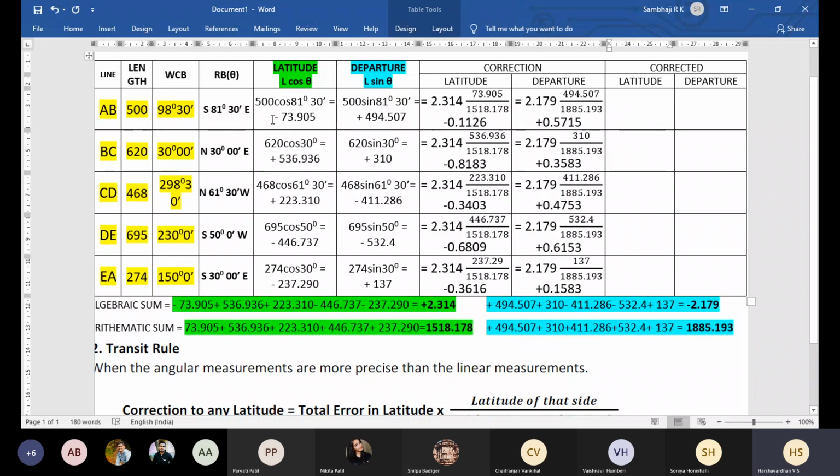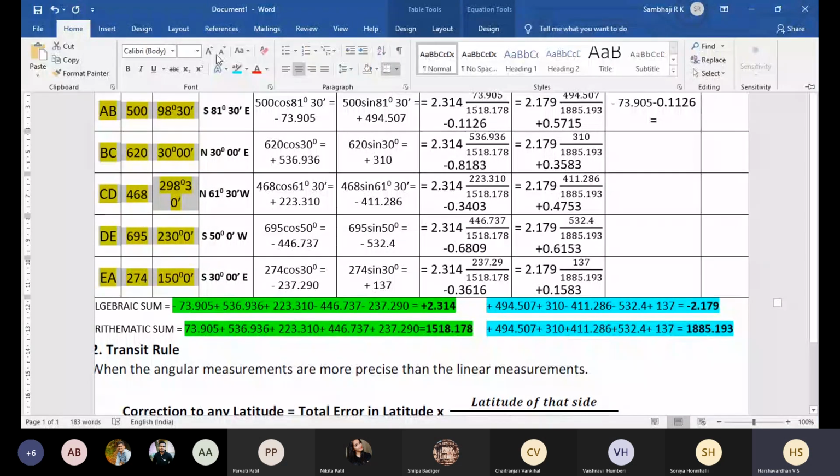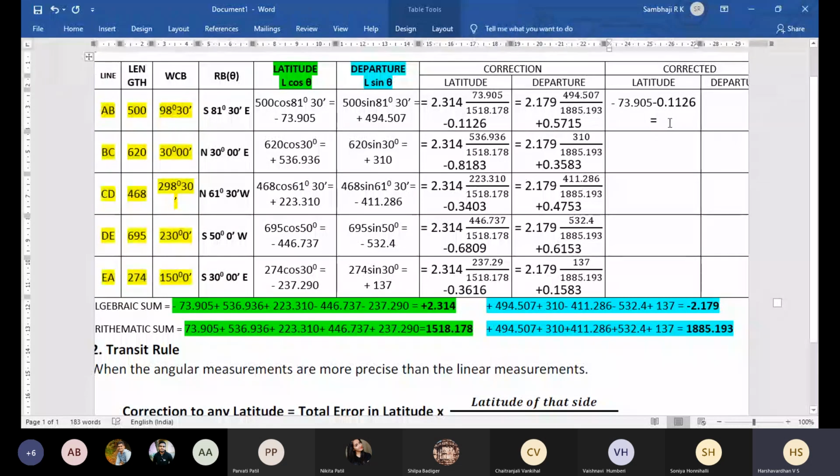So latitude of AB is minus 73.905 and correction is minus. What is the value? Sir, minus 74.0176.